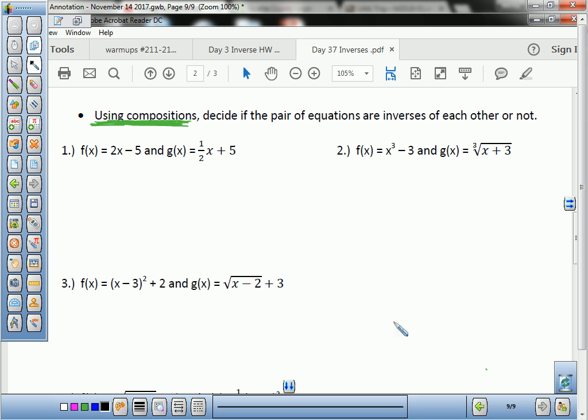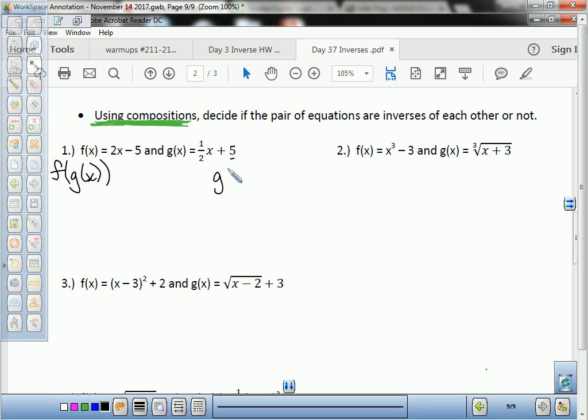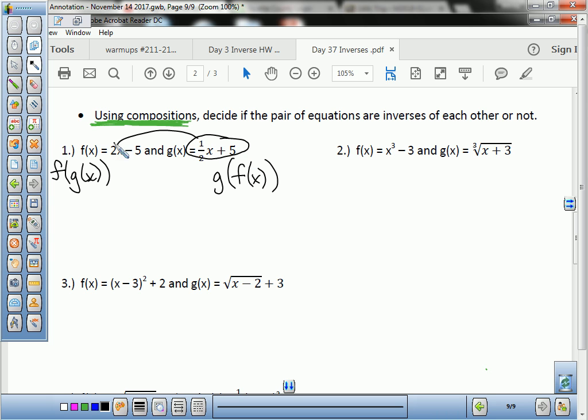But to prove that they are inverses using composition, which will be the exact directions on your quiz, it'll say using composition. So you must use composition. Let's do f of g of x, and then let's do g of f of x, and see what we get.